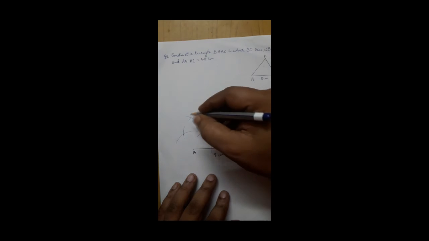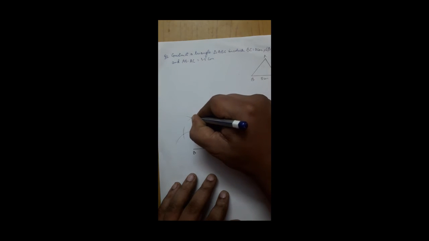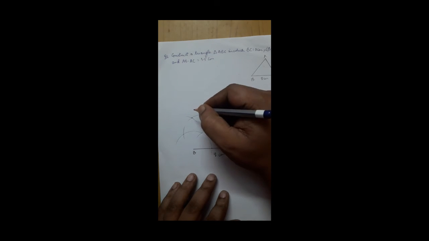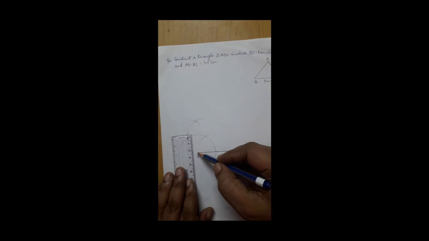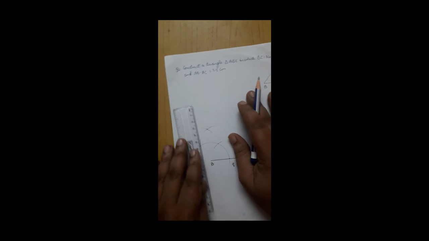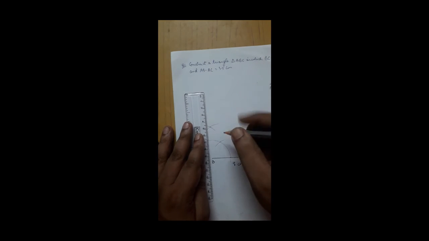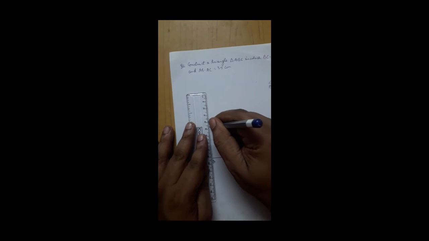Now where the two arcs intersect, I will mark a point. Now I will draw a line from B passing through this point, and that will give us our right angle or perpendicular.